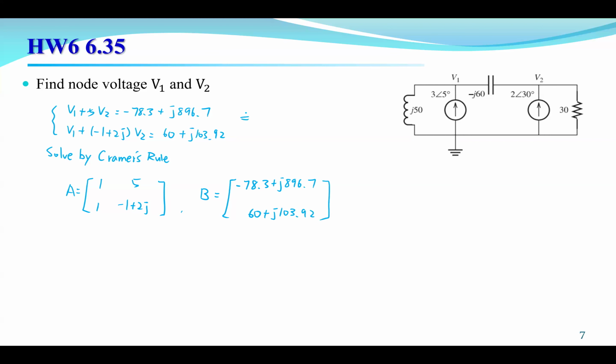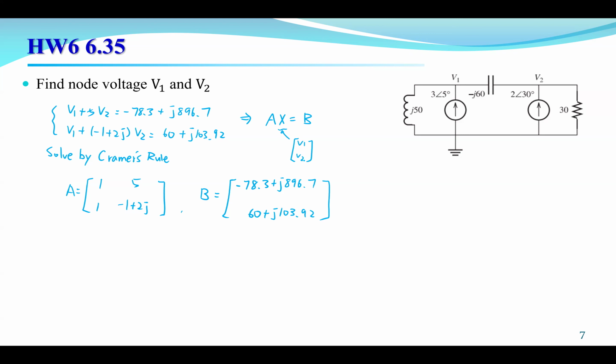Because this equation equals AX equals B. Suppose we have X is a 2 by 1 matrix. Suppose X is V1, V2.